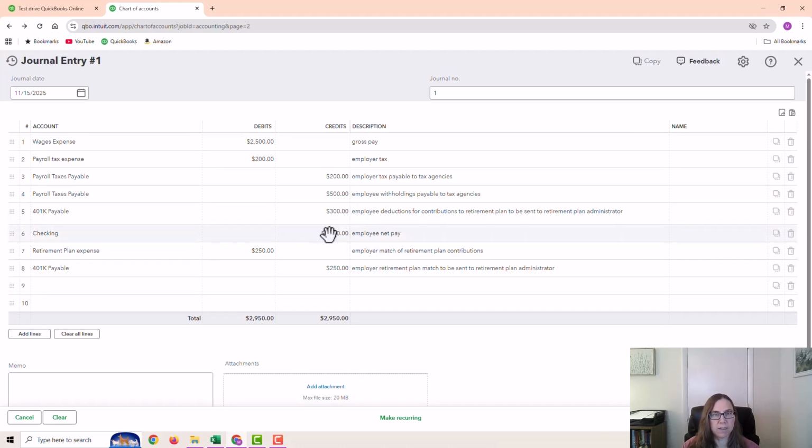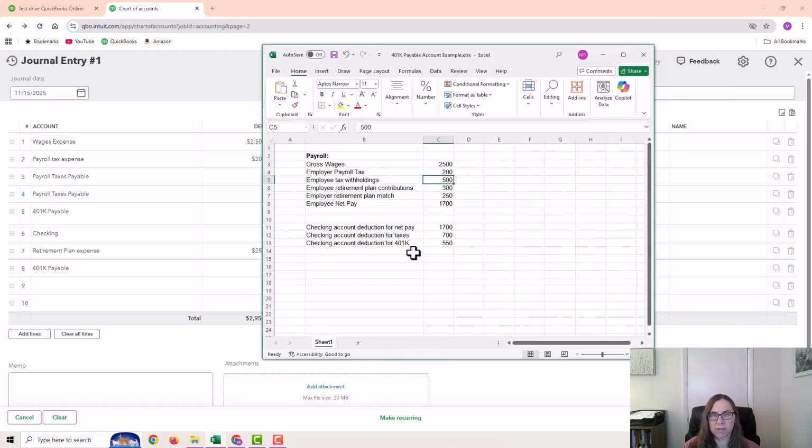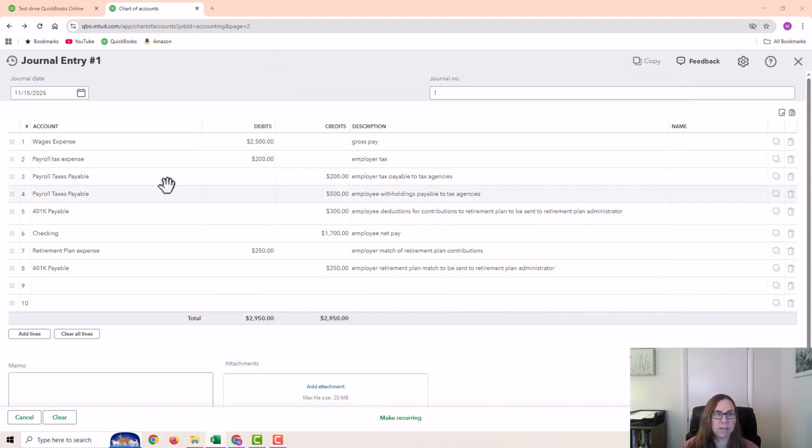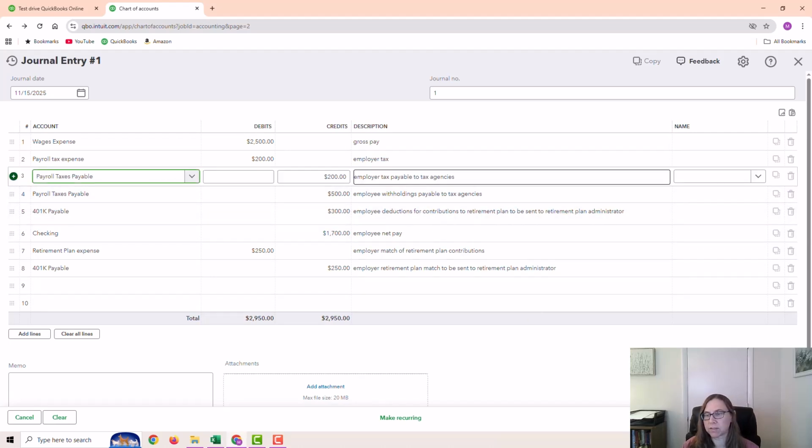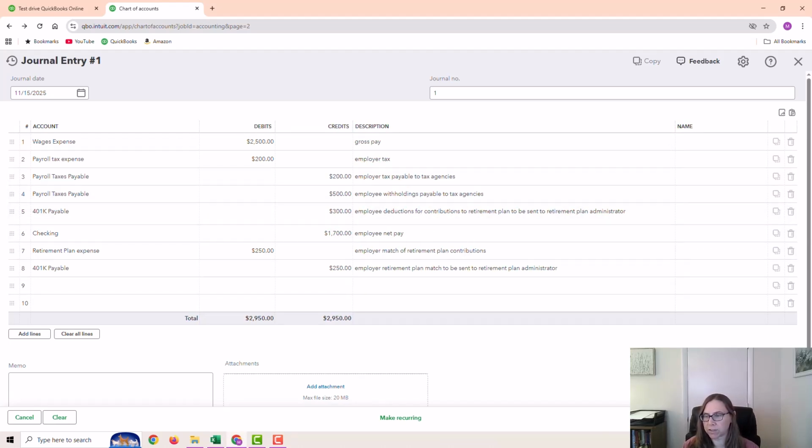Now, again, instead of crediting payroll taxes payable, I could have credited checking for $700 because that's going to be a deduction for taxes. If I'm using cash basis and if the payroll service is deducting this money from the checking account at the same time as net pay, I could just deduct from checking right away. But I'm going to leave this as is since I already made a whole video and talked for 10 minutes about this. Okay, I'm going to go ahead and save and close.